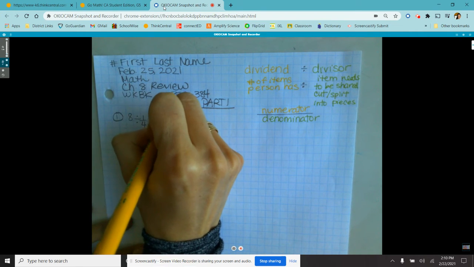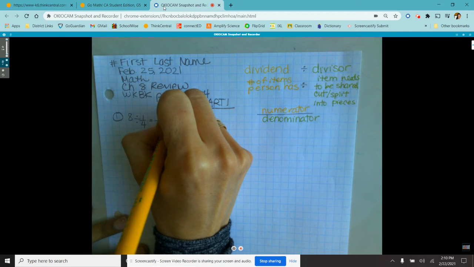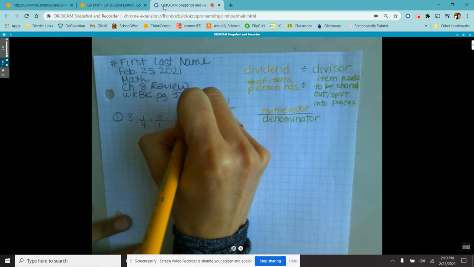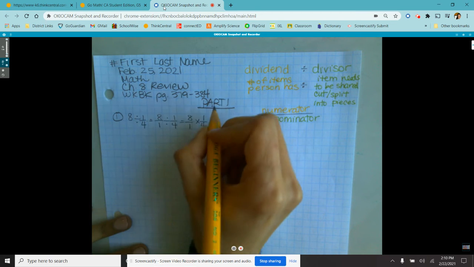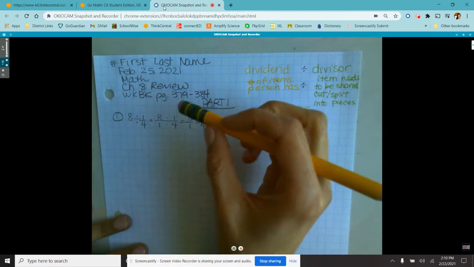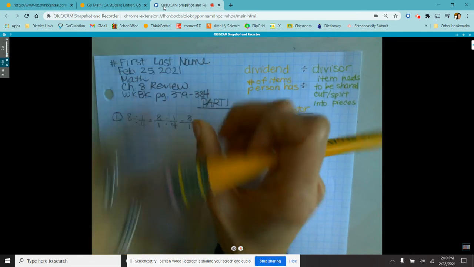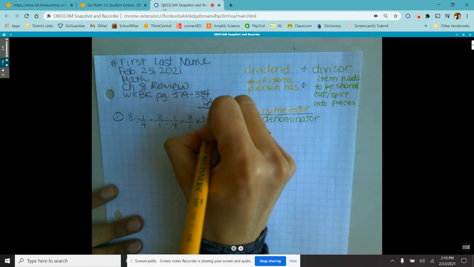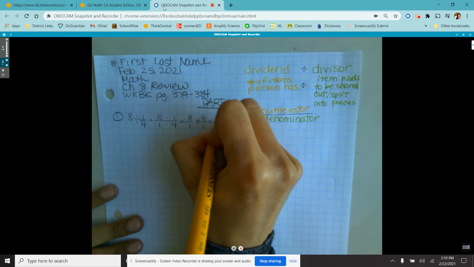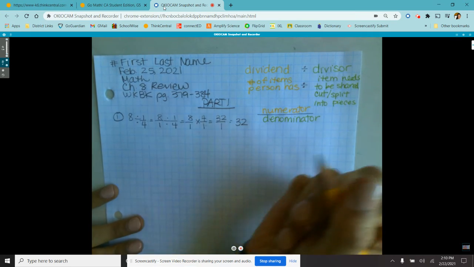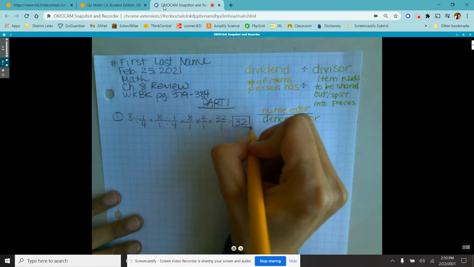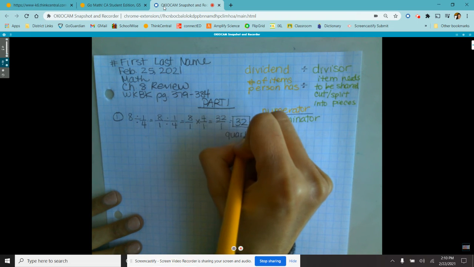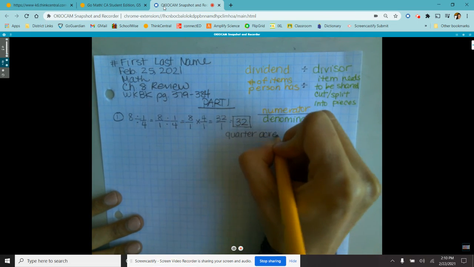So we can go through the steps of putting the whole number over 1. And then we multiply by the reciprocal of the divisor, right? This is the divisor. We multiply by the reciprocal of the divisor, which I did not do. And we get 32 over 1, or 32. So we have 32 1/4 acre lots.